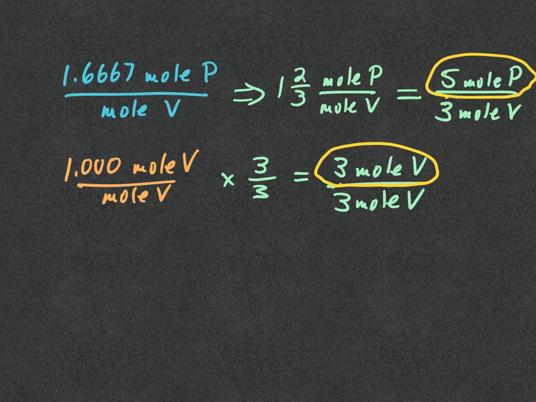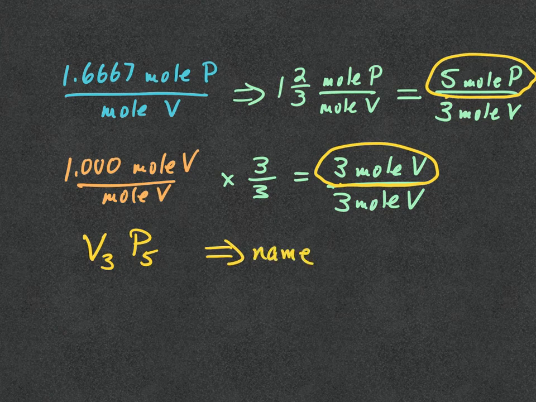Now, remember when we write the formula for an ionic compound, the metal goes first. So we get V3P5 as the formula. And since that empirical formula is the fundamental formula unit, we can actually name that. We know by looking at the periodic chart, phosphorus tends to make a 3- ion.